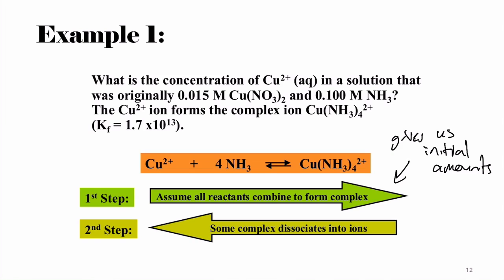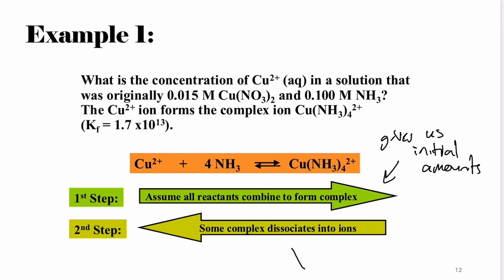Because the formation constant is so large, you assume that basically dominates the equilibrium process and pushes everything towards the formation of the complex ion. Once you have those initial amounts, you know some of it is going to dissociate because of equilibrium. It's going to bounce back, and you're going to put a little bit of the individual ions in solution again, right?